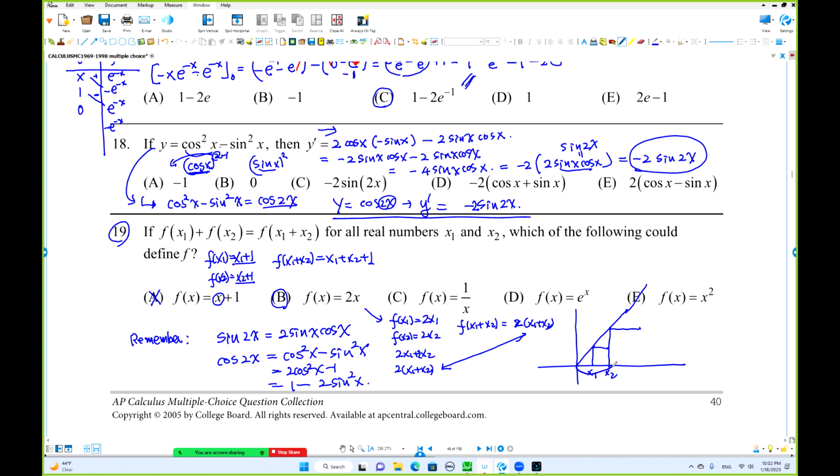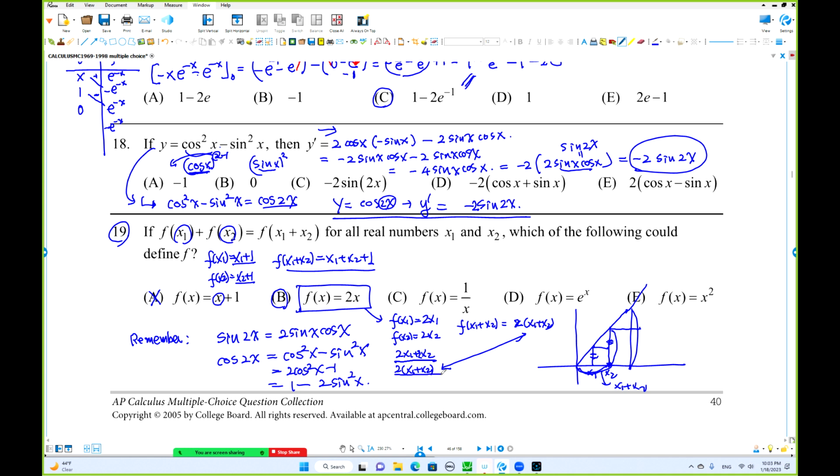This one plus this one already equals this one. If you're confused, just check it using this property: put x1 there, x2 there, and the sum equals this.